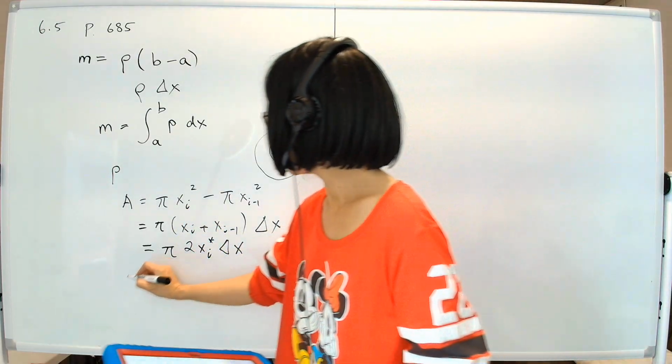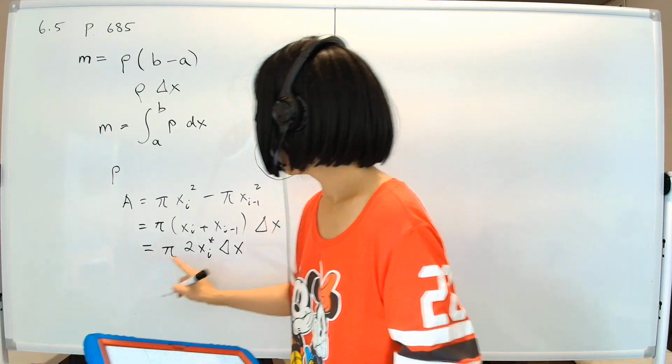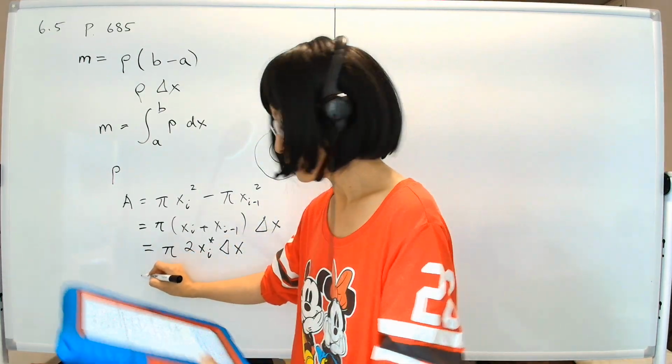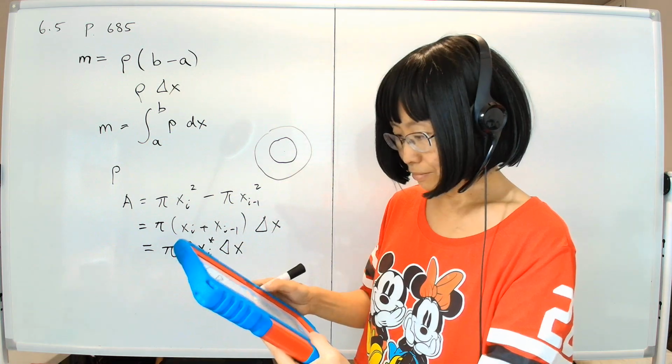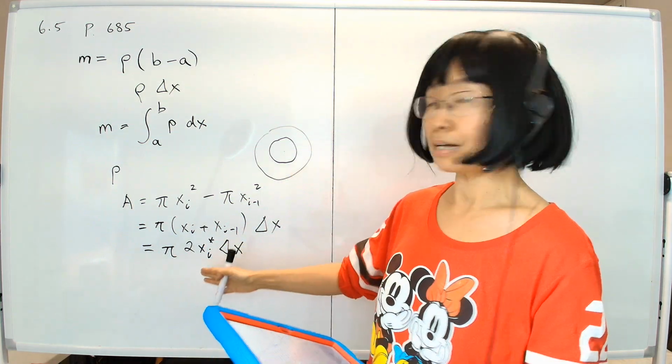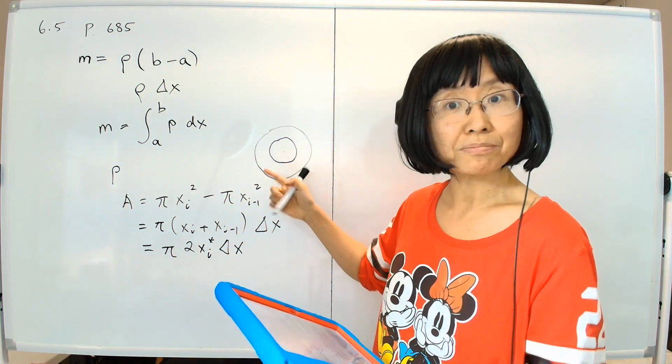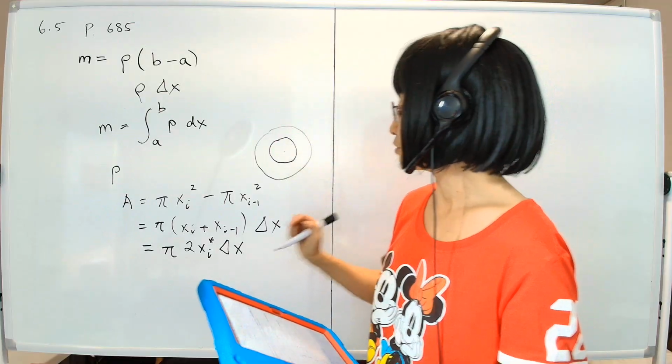So the mass equals to each slice. What is the mass? Okay, the mass is the density times that little thin strip, I mean, the thin circle that we're doing the math of.